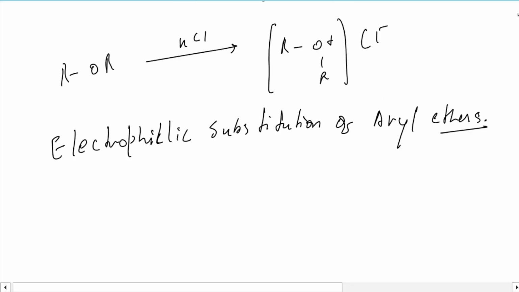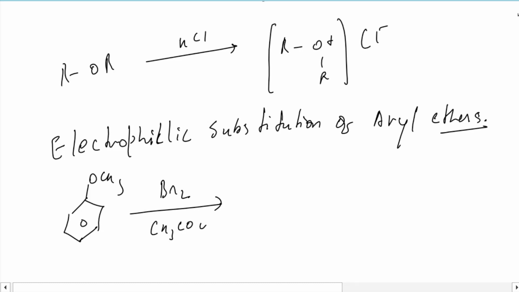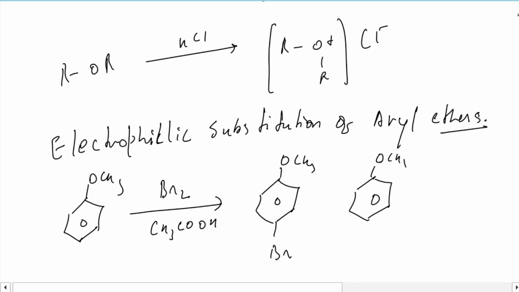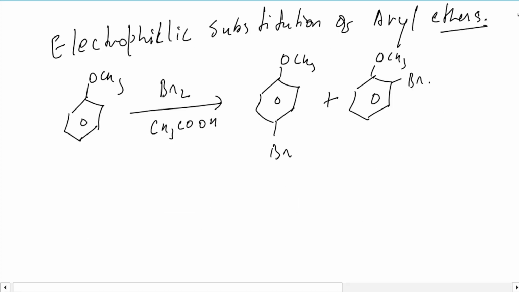Okay, so it's like anisole, OCH3, when reacted with Br2 in the presence of CH3COOH, it will form OCH3 with a bromine here. So this is halogenation.